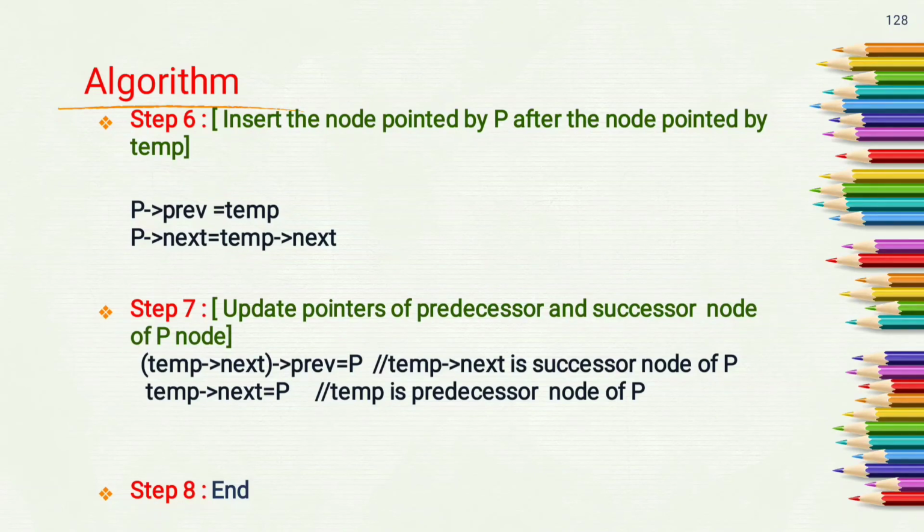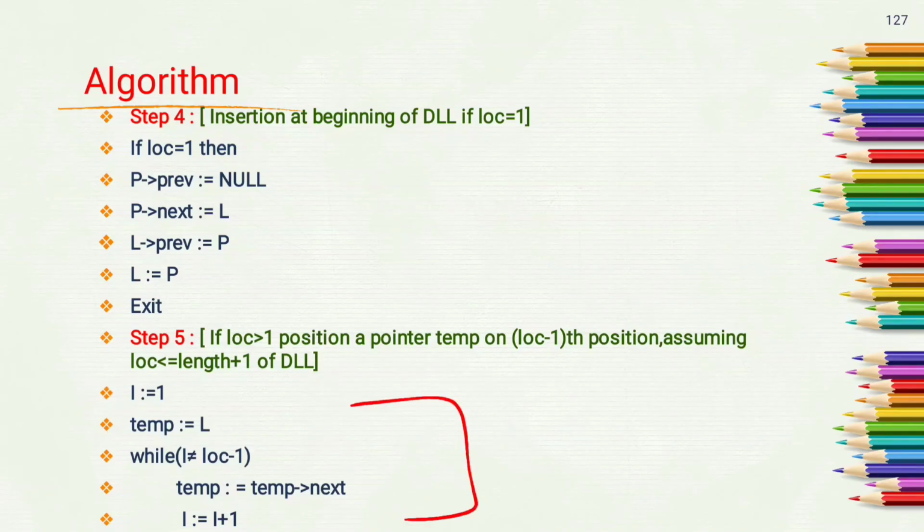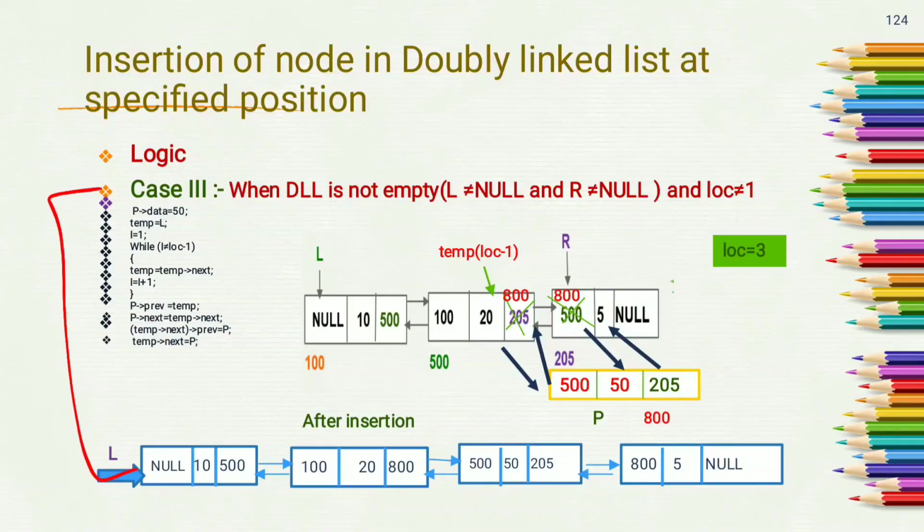So temp next is the successor node of P, and to update the previous pointer of temp next we have to write temp arrow next arrow previous colon equals to P. And temp is the predecessor node of P, so we have to update the next pointer of temp by writing temp arrow next colon equals to P. And step 8 is END. These steps I discussed in case 3.